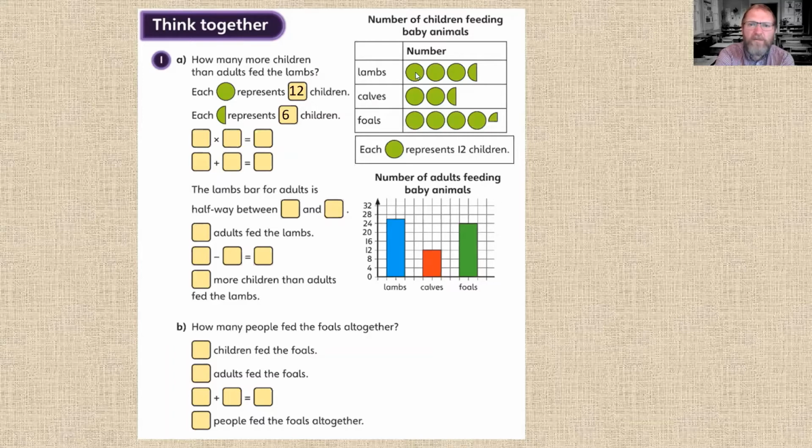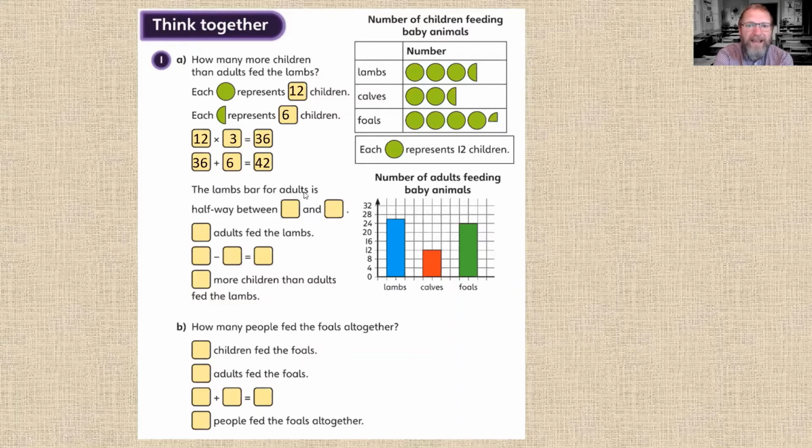Well, you can see here we've got 1, 2, 3 circles. So that is 3 lots of 12, which is 36. And then to that 36, we're going to add 1 half circle. And remember that half circle represents 6 children. So 36 plus 6 is 42.